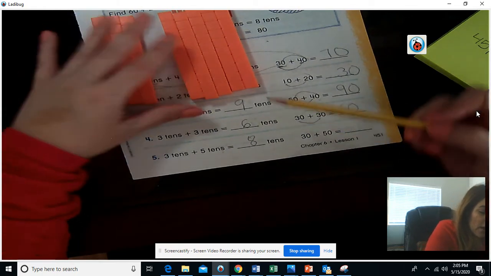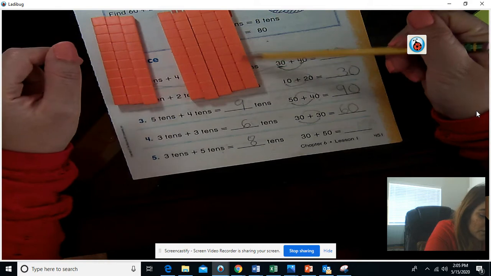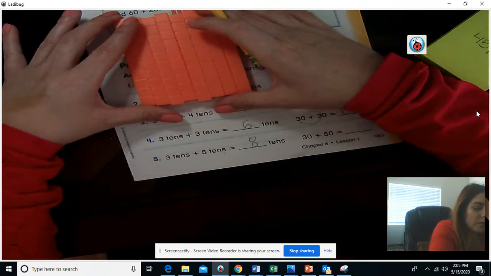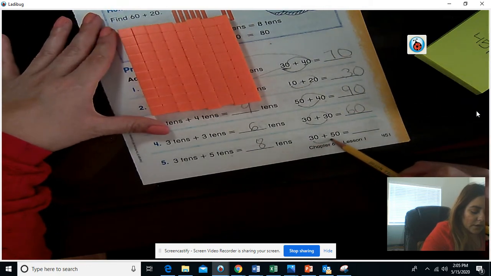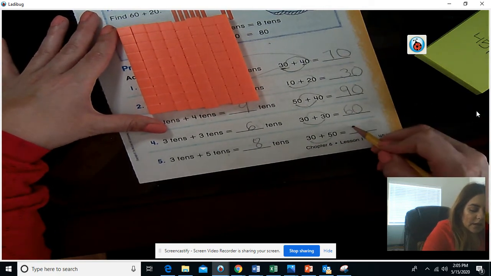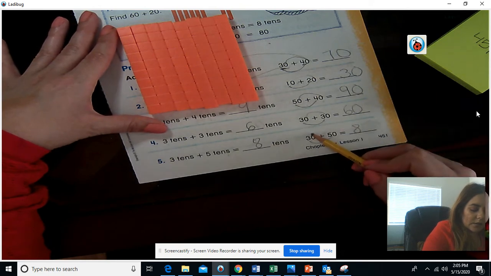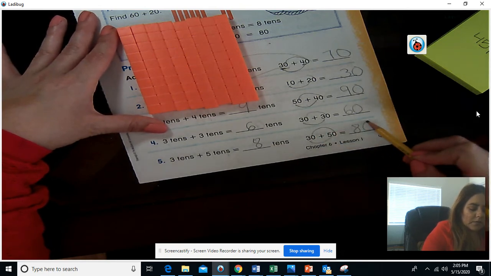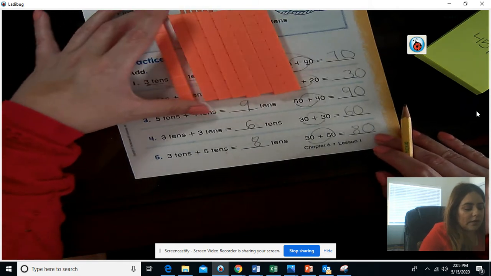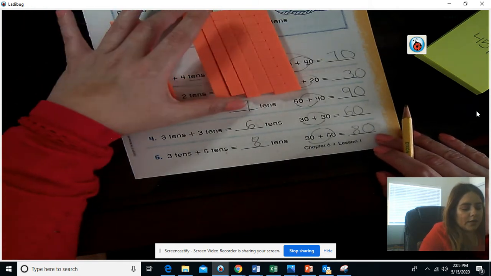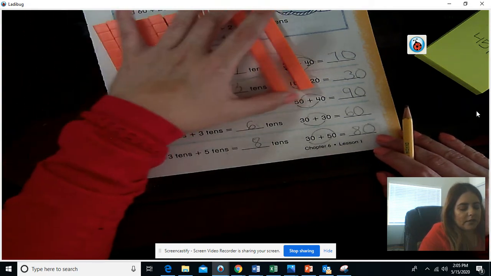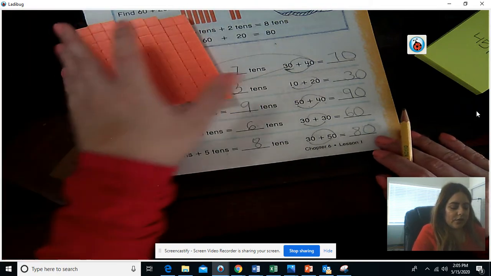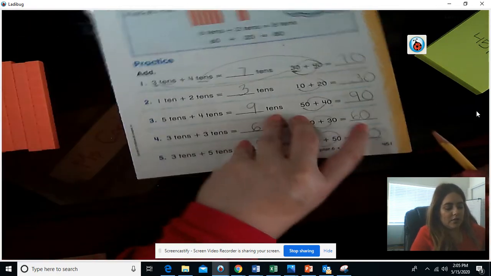And then how many little cubes do we have? So if we put these all together, we have 3 plus 5 is 8. 0 plus 0 is 0. So now let's see. 10, 20, 30, 40, 50, 60, 70, 80. Good, I have 80. It does match. Let's turn the page.